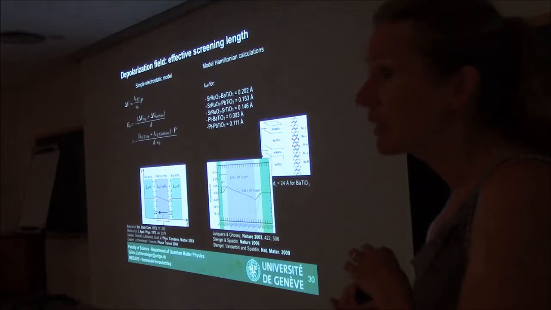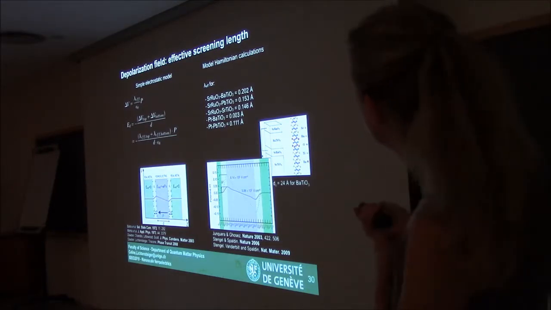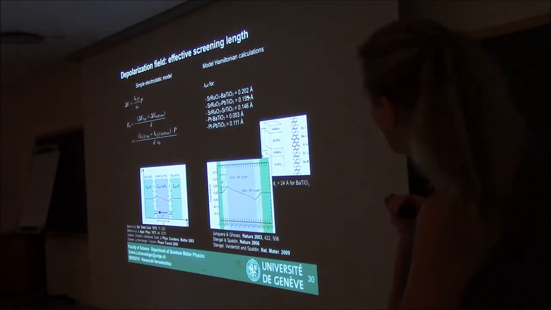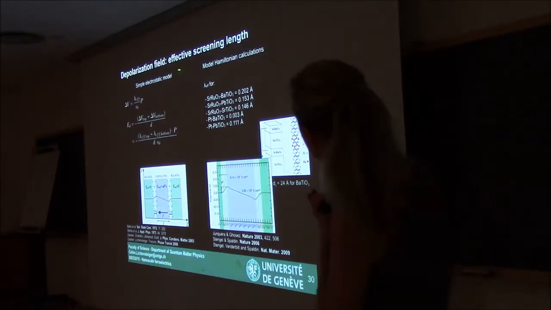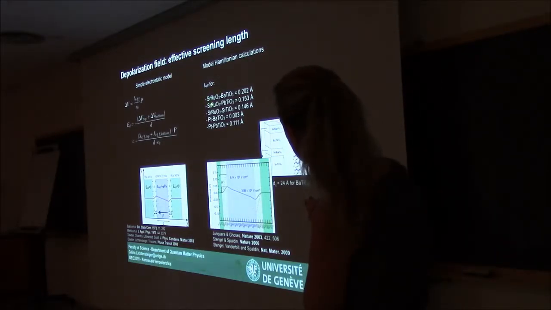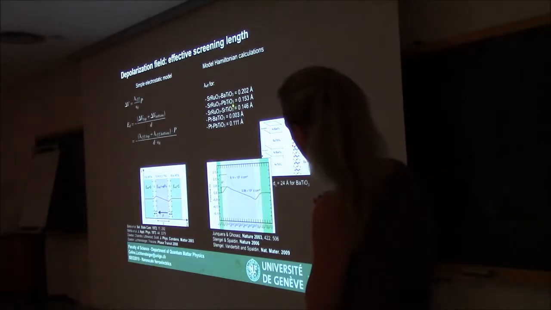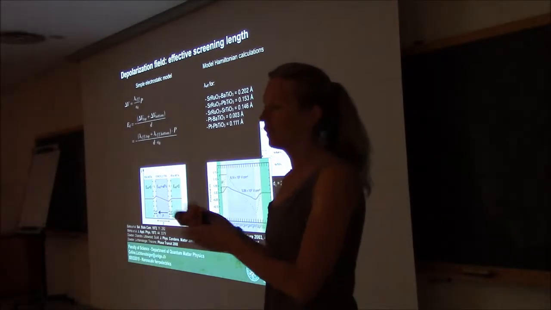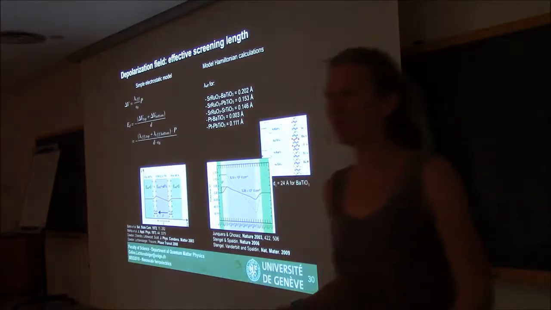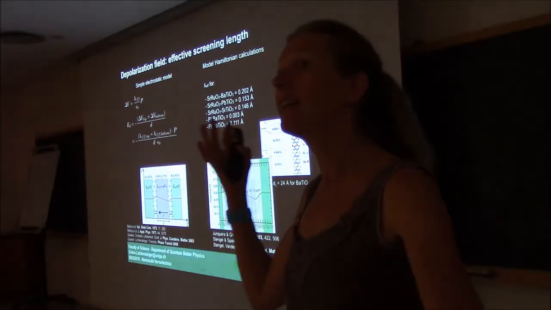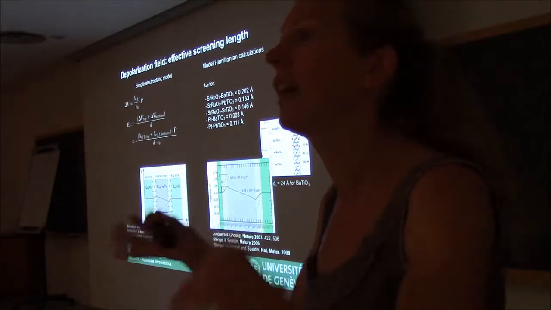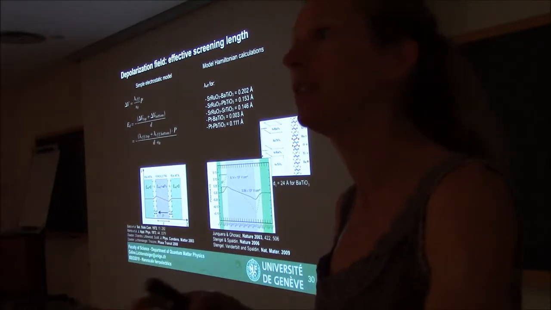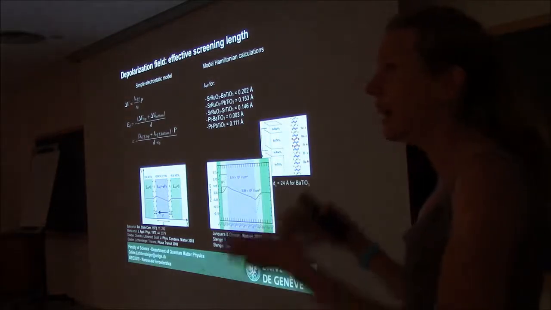And what is very interesting from these calculations is that you see the number of these effective screening lengths, and you might notice that, for example, here I have strontium ruthenate electrode with different ferroelectric materials: barium titanate, lead titanate, and even strontium titanate. And you see that for the same electrode, you have different values of this effective screening length. So again, this answers your question, because this effective screening length is taking into account not only the Thomas-Fermi screening length of the electrode and parameters like that, but it's really taking into account the interface as a whole.